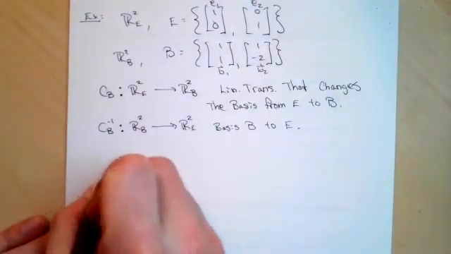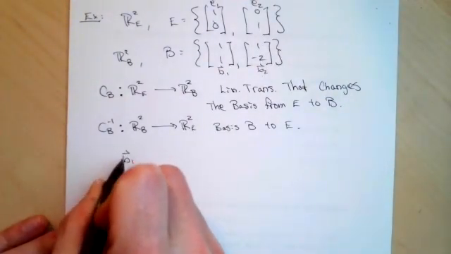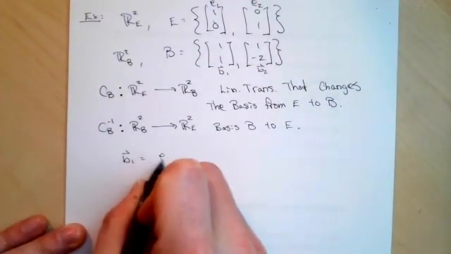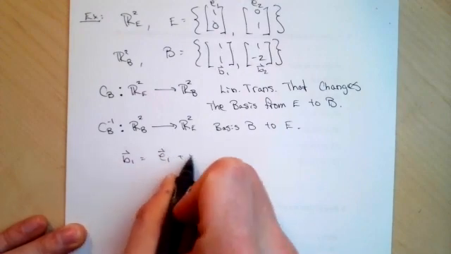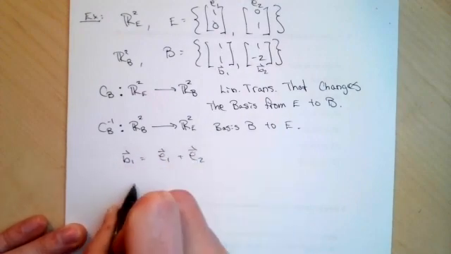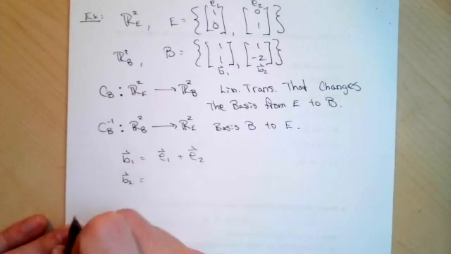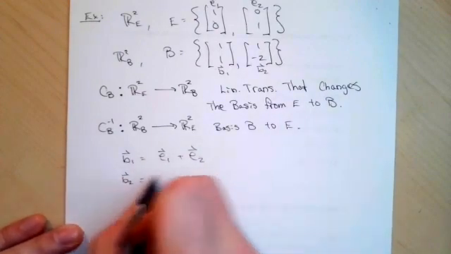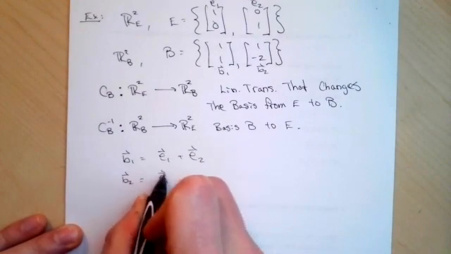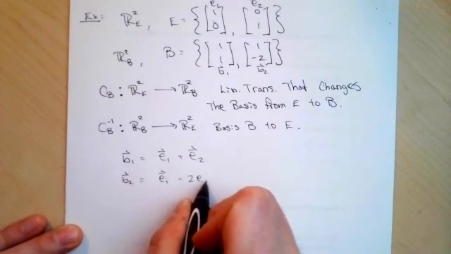So for example, it's pretty clear that for B1, our linear combination is just going to be E1 plus E2. And likewise, our linear combination for B2 in terms of the basis E is going to be E1 minus 2E2.